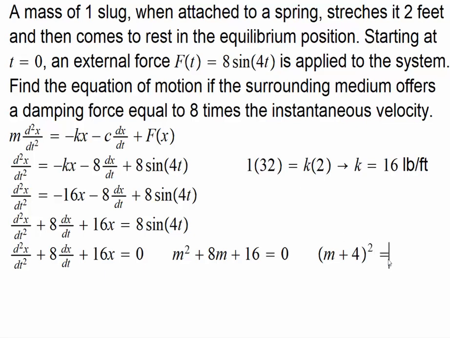So what happens here is negative 4 is a repeated root, so our complementary function is going to be simply c sub 1 e to the negative 4t, just because negative 4 is a repeated root, and since we have to get another linearly independent solution, we will then have t times e to the negative 4t here.